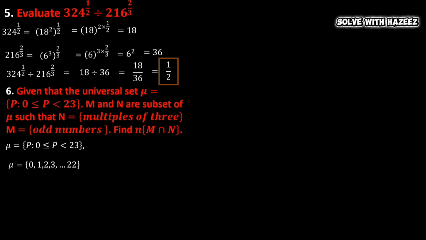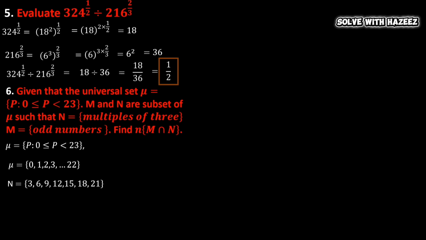So let us ask ourselves, what is the meaning of multiples of 3? Multiples of 3 are the numbers which 3 divides without leaving any remainder. And the numbers from the universal set are going to be 3, 6, 9, 12, 15, 18, and 21.